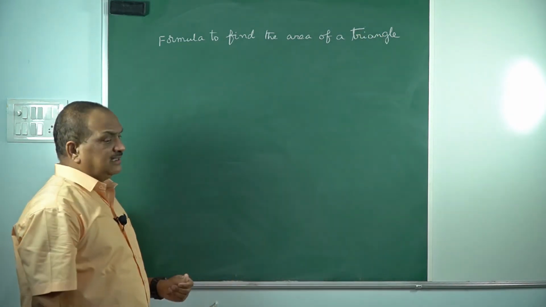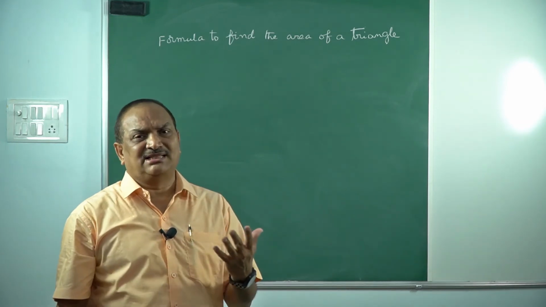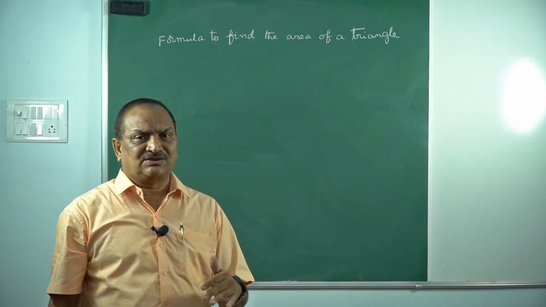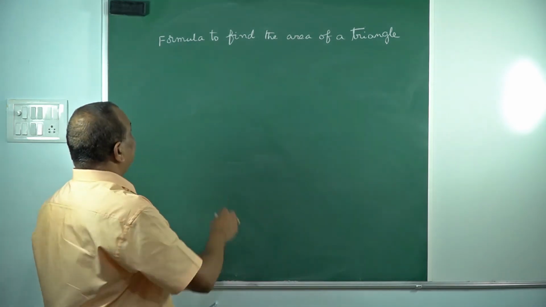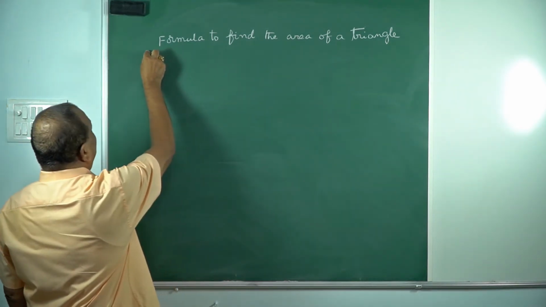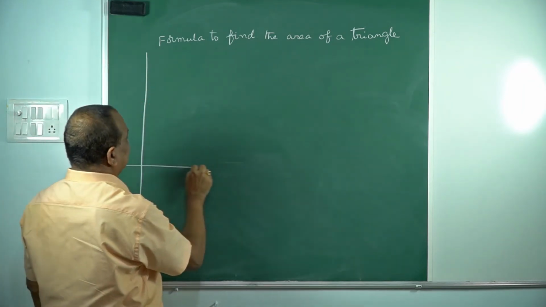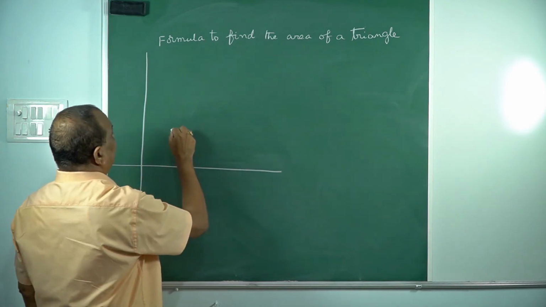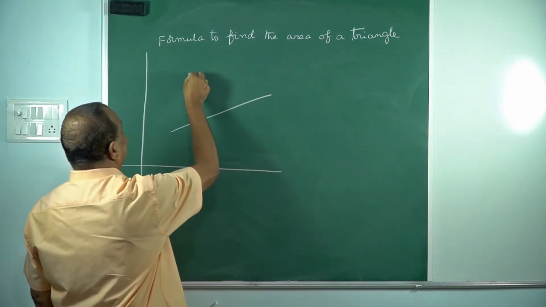Okay, let us start working it out. You are given a triangle. That means the three vertices are known to you: x1, y1, x2, y2 and x3, y3. We start there. This is my y-axis, this is my x-axis, and I have a triangle like this.